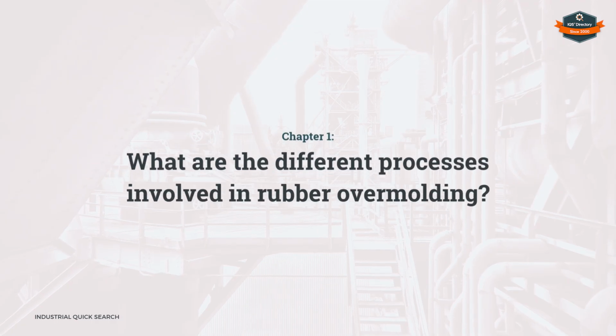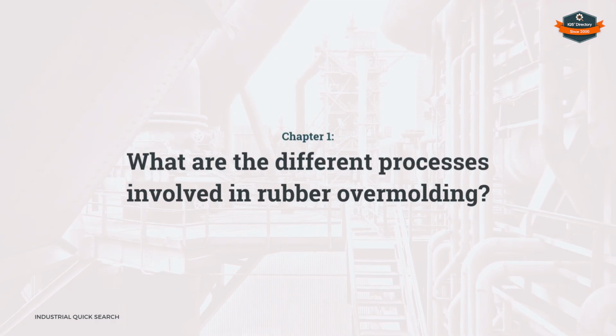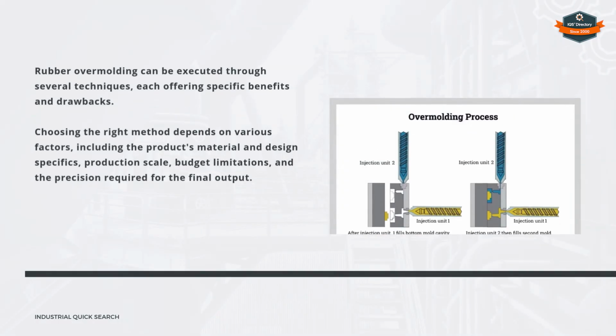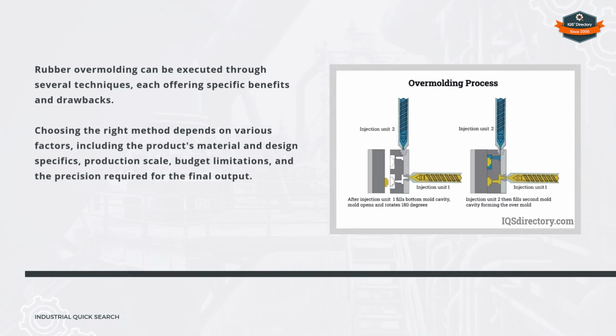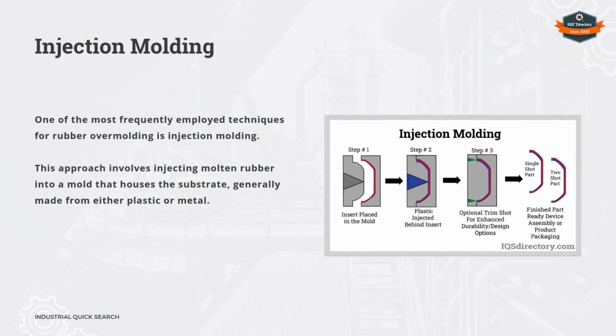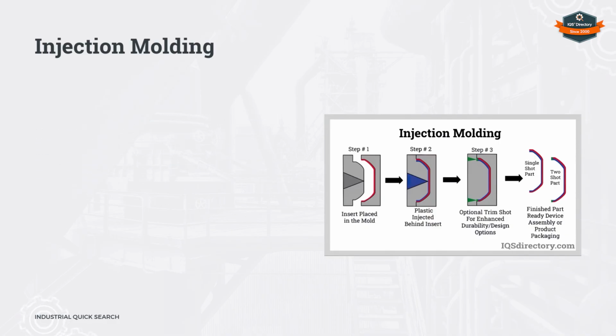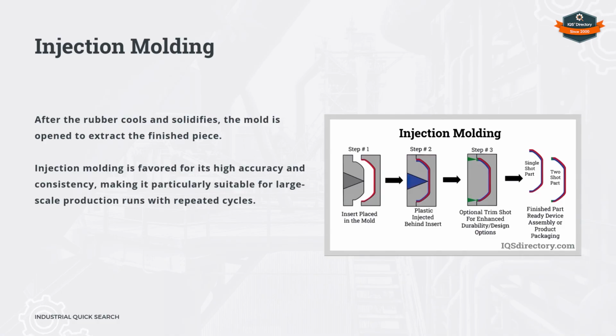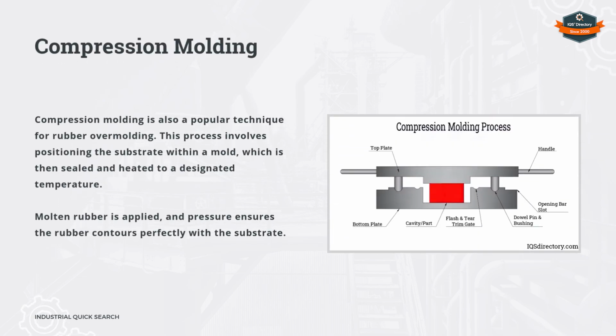Chapter 1. What are the different processes involved in rubber overmolding? Injection molding. Compression molding.